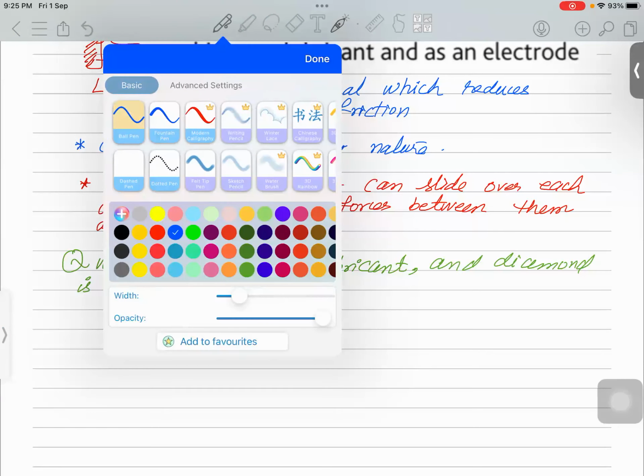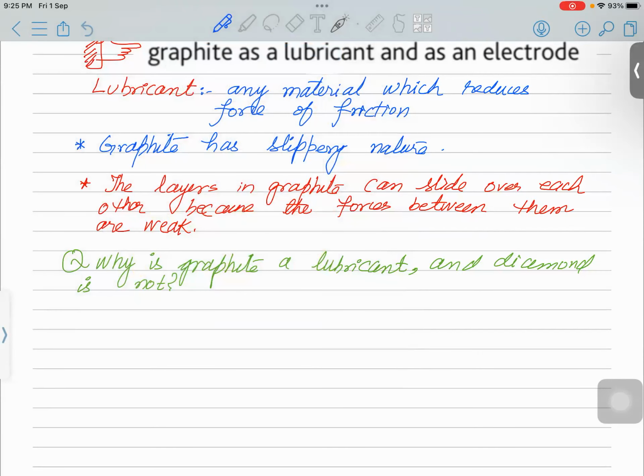Graphite is a lubricant because the layers in graphite slide over each other as the forces between them are weak. But in diamond, the forces between the layers are not weak.